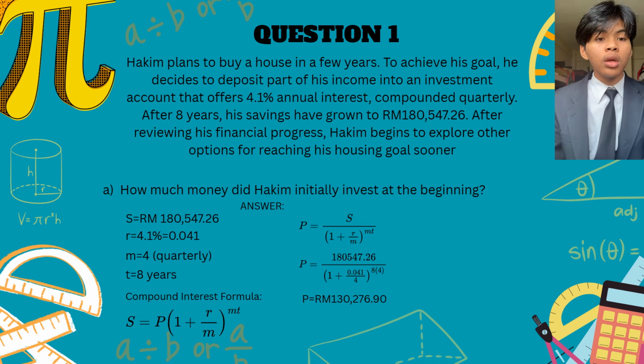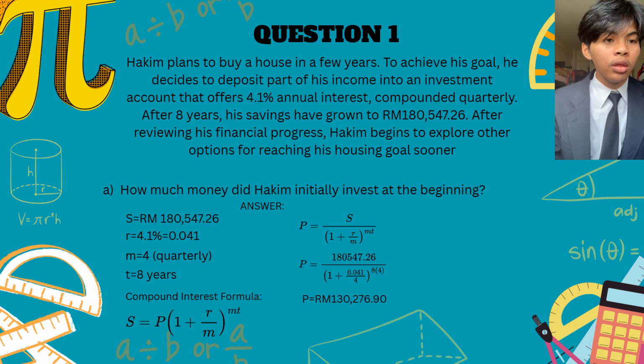We need to use a compound interest formula, which is S equal to P bracket 1 plus R divided by M power M time T. The answer is we need to use this formula and insert the information given.